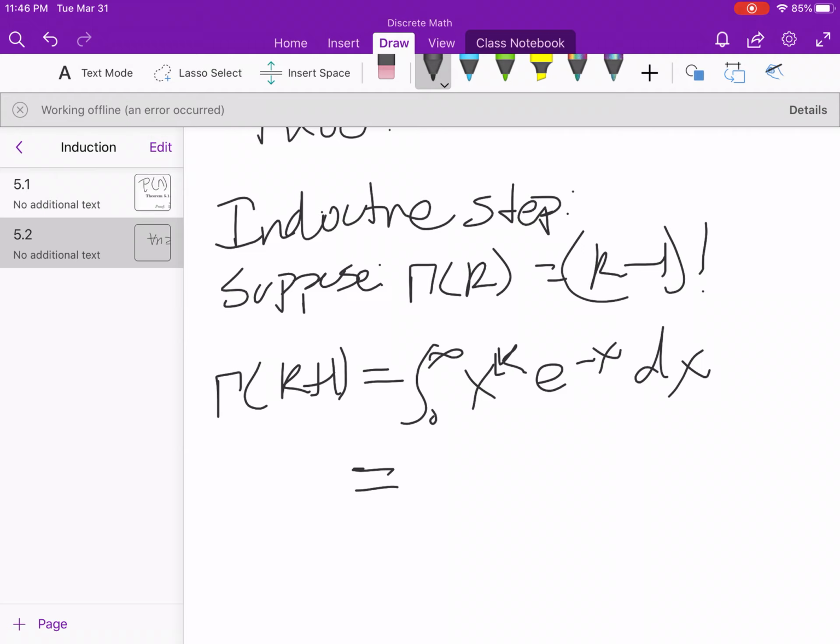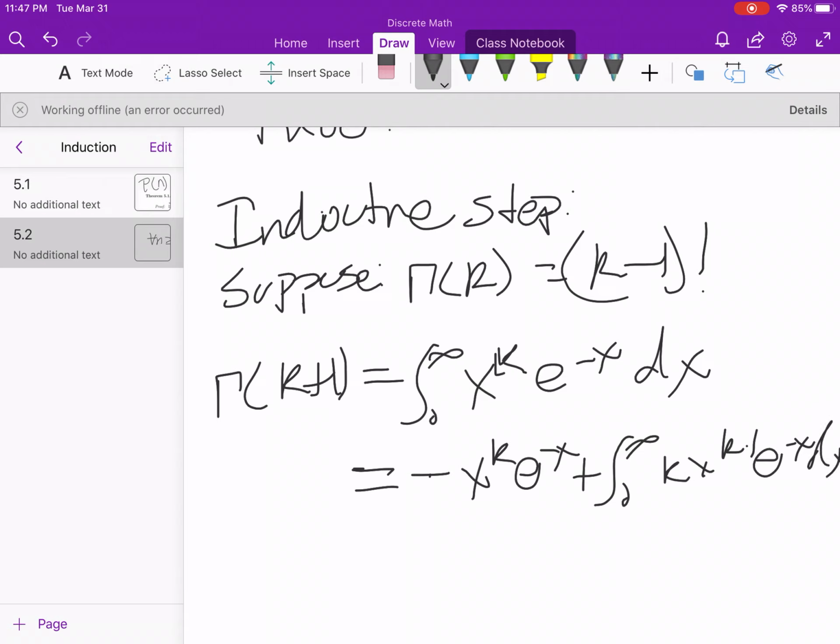So, there's a little trick that people use for evaluating sometimes very strange looking integrals where there's multiplication, and especially when exponents show up. We're going to use something called integration by parts. So notice if I do that, what I'm going to get is negative x to the k, e to the negative x, evaluated from 0 to infinity, plus an integral from 0 to infinity of k x to the k minus 1, e to the negative x, dx.